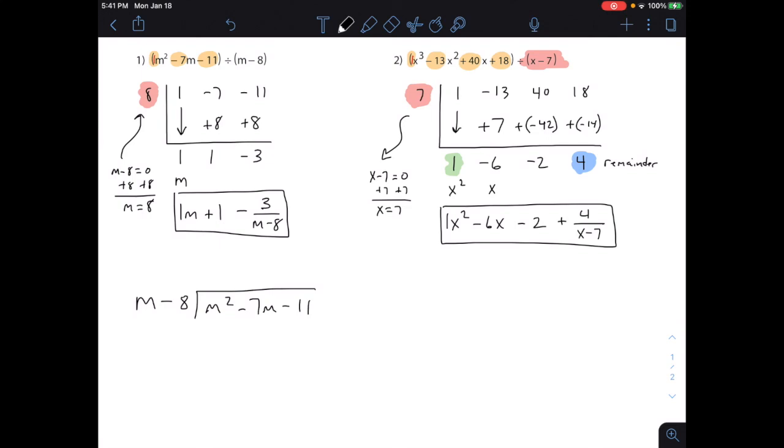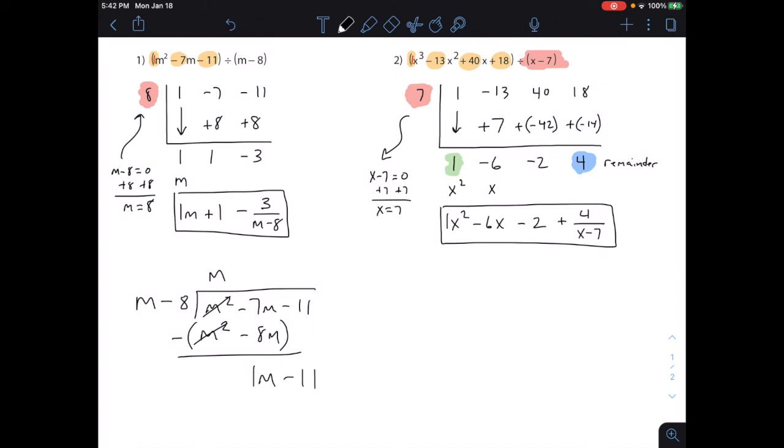Okay, so if we look at that m and the m squared, we know we're going to put an m here. M times m is m squared. That's what we want, right? M times negative 8 is negative 8m. But remember, we're subtracting that thing, so we're really adding that 8m there. So the m squareds cancel each other out, but we're adding that 8m, so it becomes 1m minus 11.